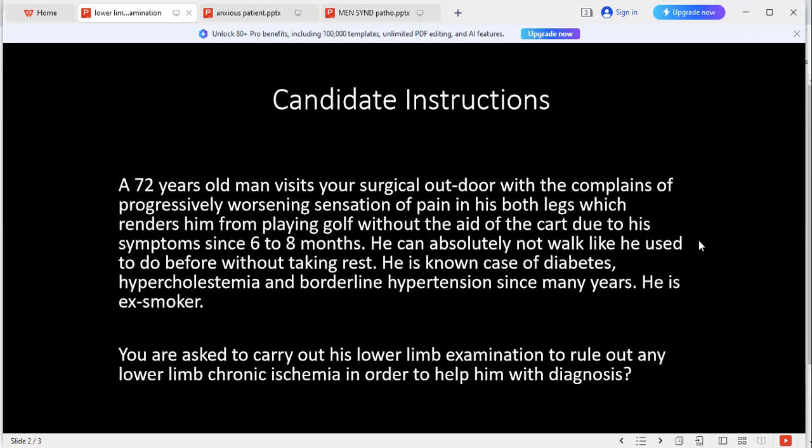I will also look in between each of the toes, one by one, for any ulcers, as well as the pressure points like over the heads of the first and fifth metatarsal, and the ankle, to look for any ulcers.